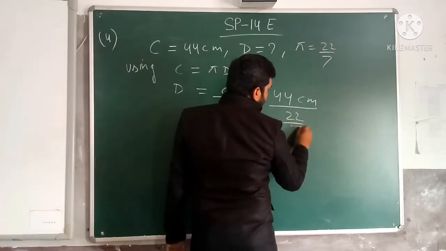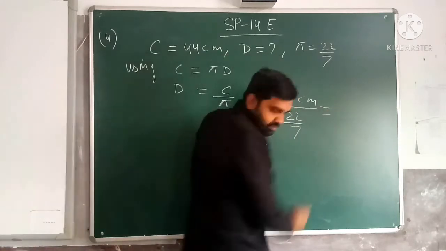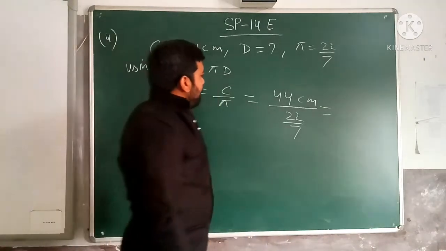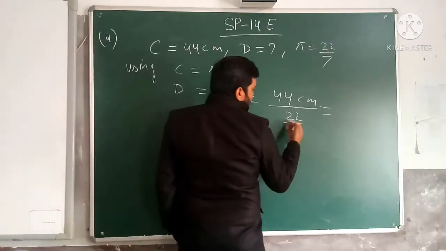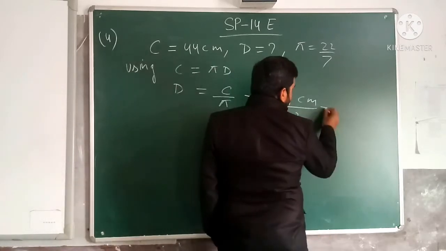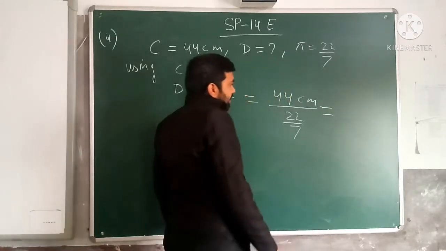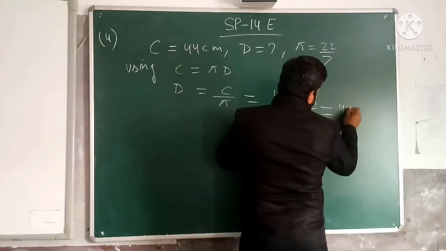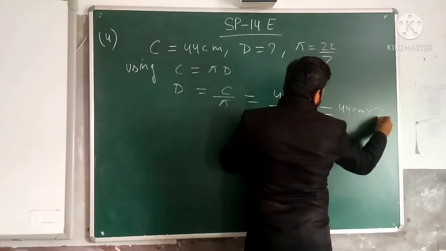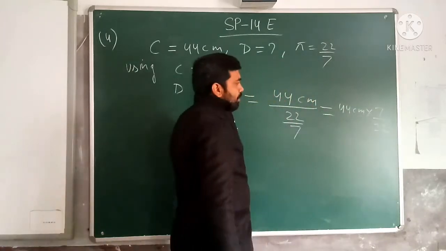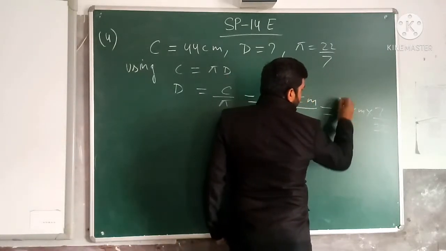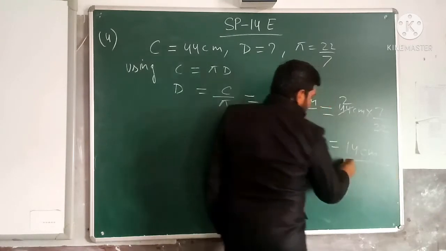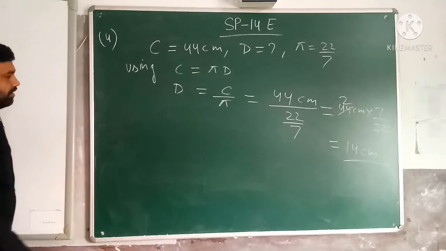So when we convert this into a normal fraction, since the denominator is a fraction, we write 44 centimeter multiplied by 7 by 22. With this, 22 ones are 22, 22 twos are 44, that is cancelled, and 2 sevens are 14 centimeter, which is the diameter of that circle which we got.